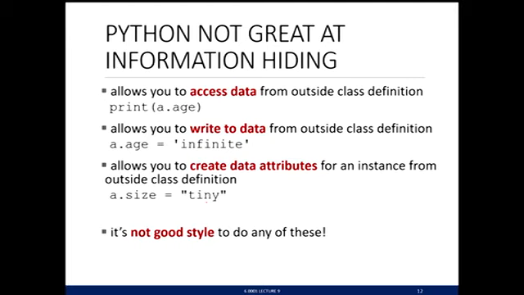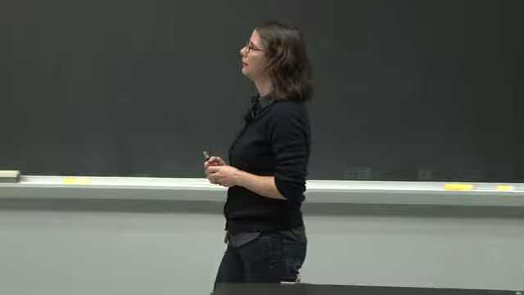So the first is to access data attributes from outside of the class. Okay? So if I were to say a.age, Python allows me to do that without using a getter and setter. Python also allows you to write to data attributes from outside the class.